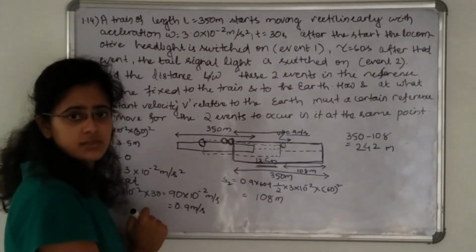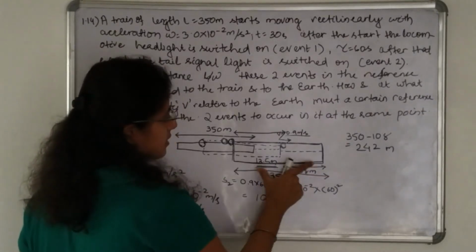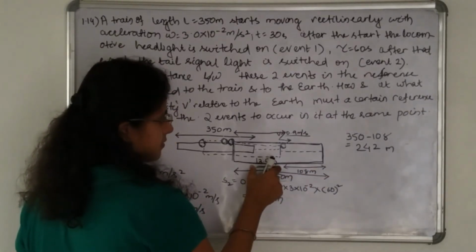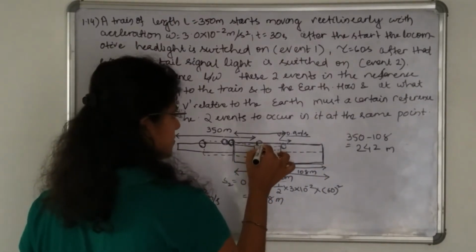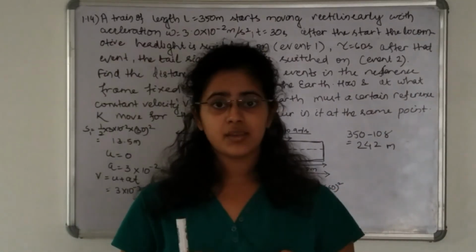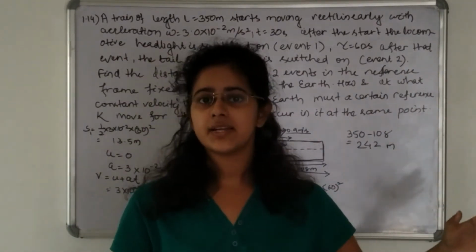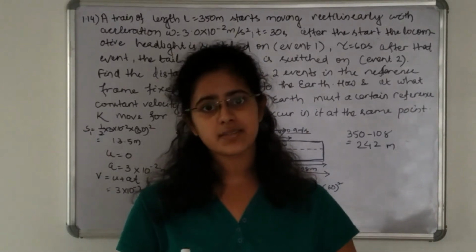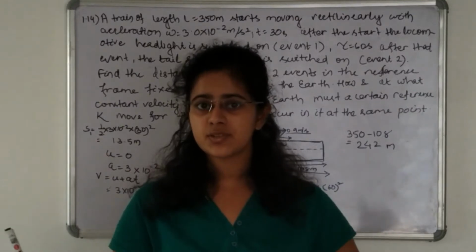inside the train. After again 60 seconds, after covering this much distance, that is 13.5 meter, and after 108 meter, I will be at the same position inside the train. So for me, as I am inside the train, after 30 seconds when the locomotive headlight is turned on, and after 60 seconds when the tail signal light is turned on, how much will be the distance between these two events?